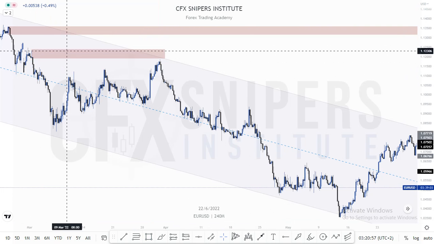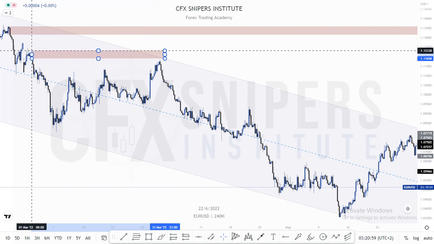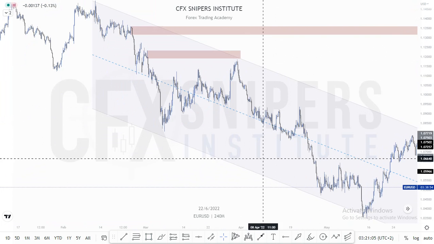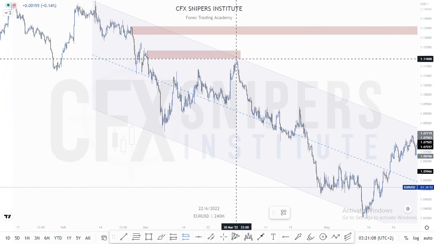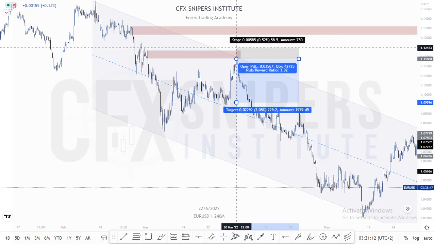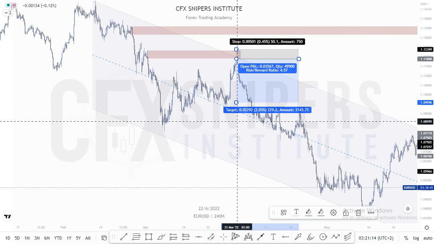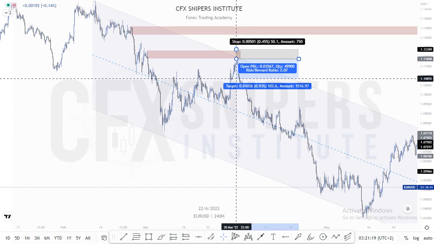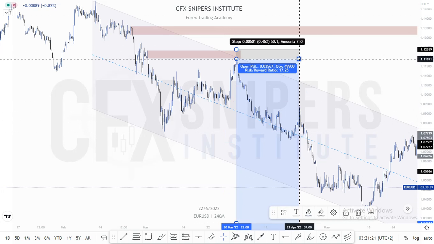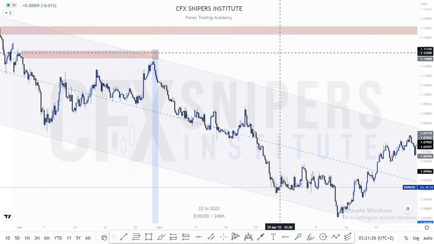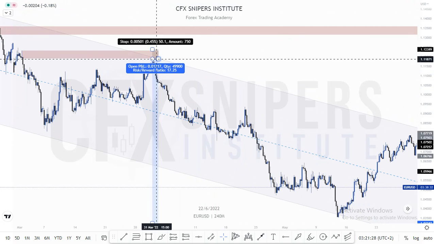price didn't reach here because we would have easily placed the limit here, and then the first take profit point would be here, but ideally we all know that the take profit point is the opposing zone. But again, that would depend whether you are a swing trader, scalper, or day trader.